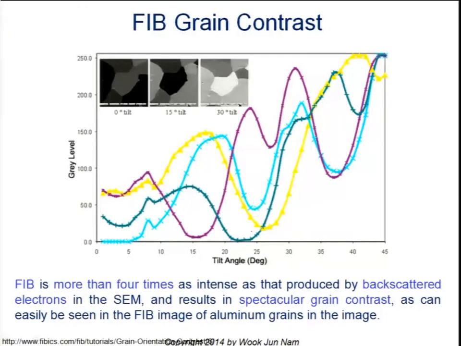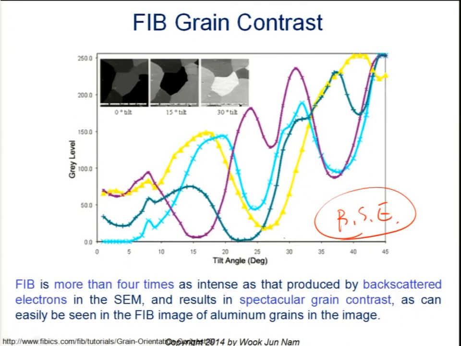But as I mentioned in the previous slide, this ion beam can generate about 4 times more backscattered electron signal. So even with the same material, depending on its angle, it can show some contrast from grain to grain.